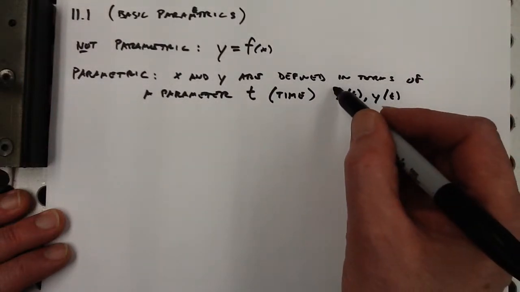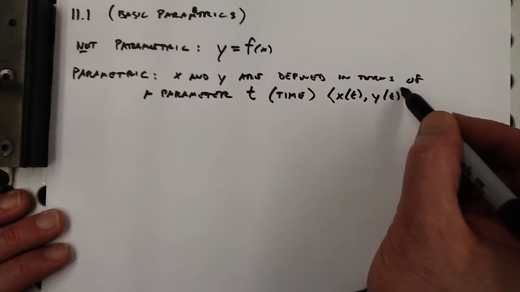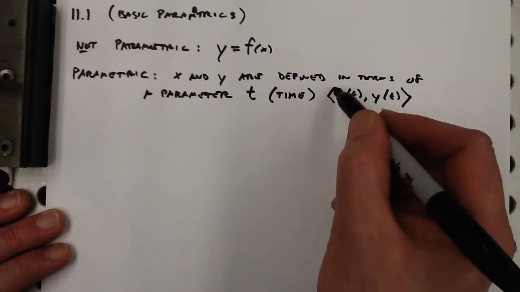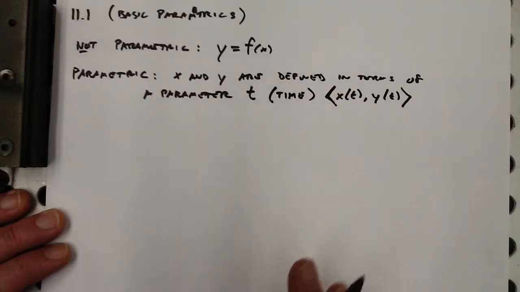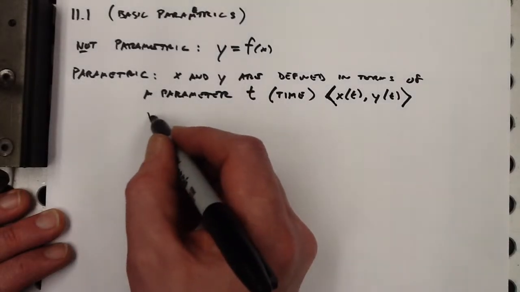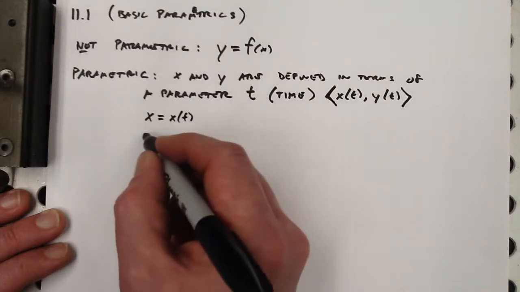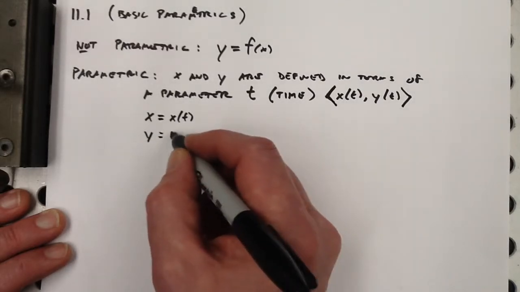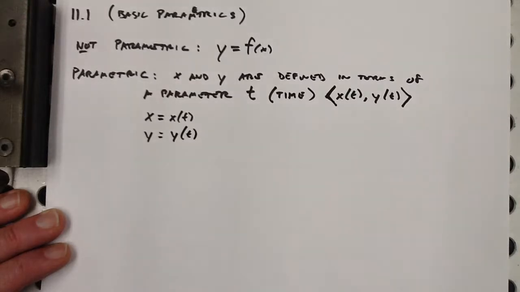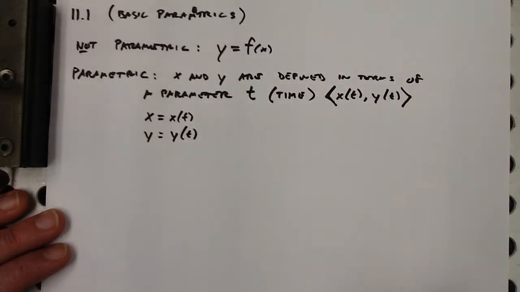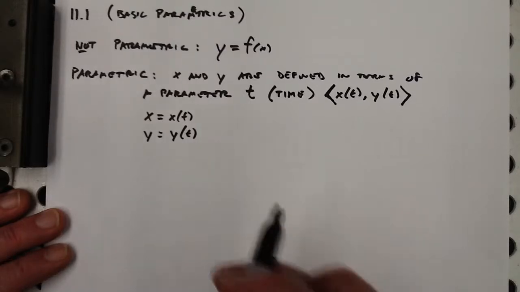And sometimes we see this pointy bracket notation that looks like that. You might run into that sometimes. And sometimes you might also see x equals some function of t, and then y equals some function of t. Different ways of writing those. So why would you want to have parametric equations?